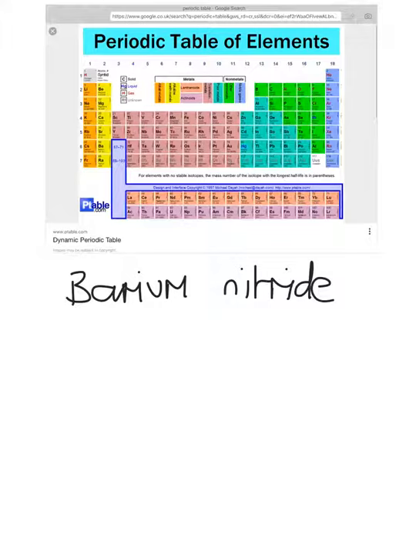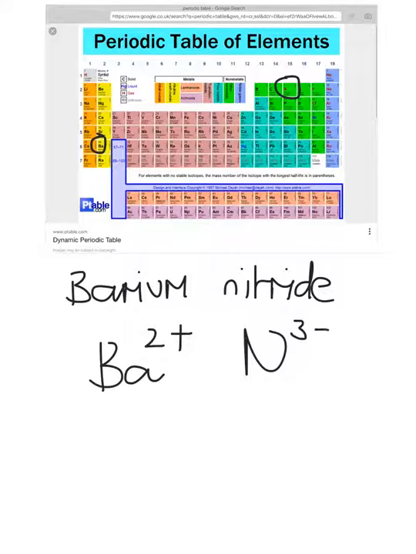So moving on, barium nitride. Barium is here in group 2, so forms Ba2+ ions. Nitrogen is here in group 5, so forms N3- ions. Okay, so this is looking a little bit tricky. However, you can see I've got 3 minuses but only 2 pluses. So let's put another Ba2+ there.